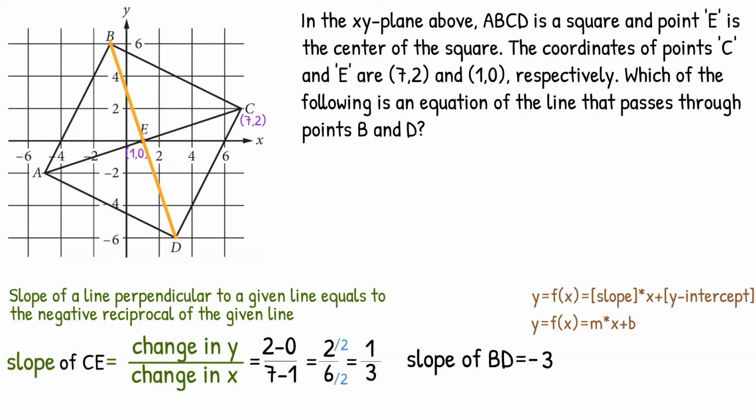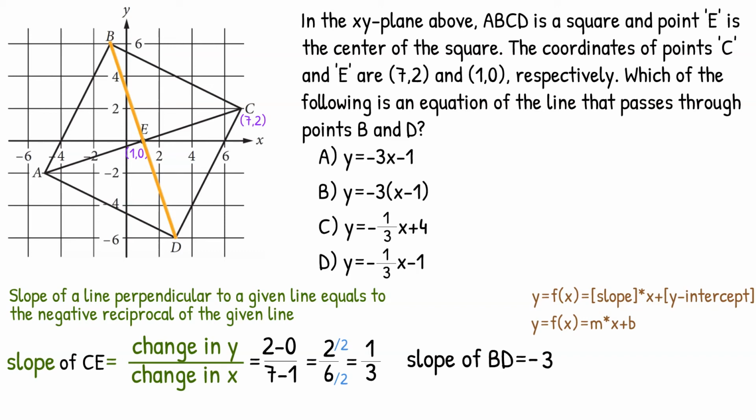So that explains the negative part. The reciprocal means that we have to flip the fraction. If we have the slope of 1/3, the reciprocal of that would be 3/1. Once we add the two pieces together, we get the slope of BD to be -3.